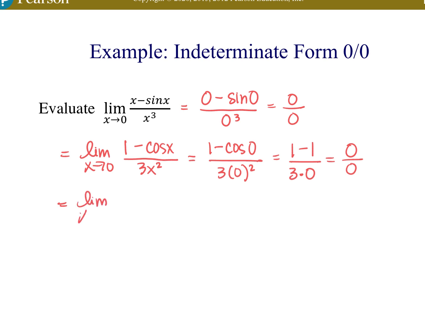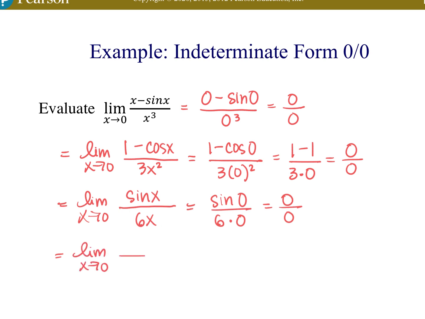So I can do it again and see if that works. The derivative of 1 minus cosine x is going to take me to positive sine x. And the derivative of the denominator is 6x. So that will give me the sine of 0 over 6 times 0, which once again is 0 over 0. Which means I'm ready for round 3.